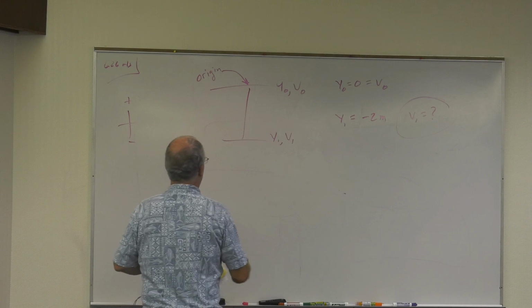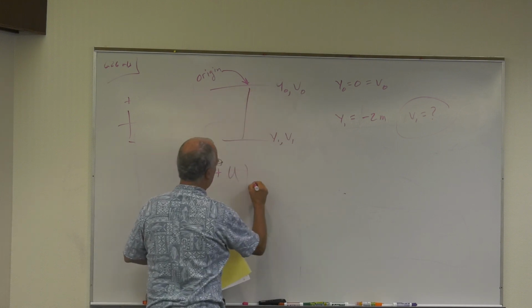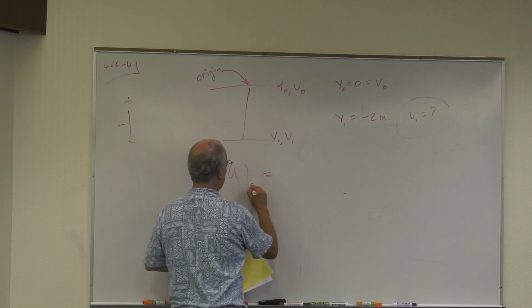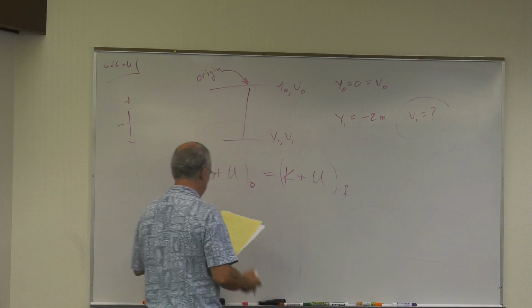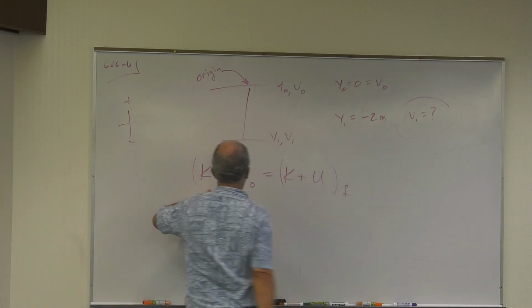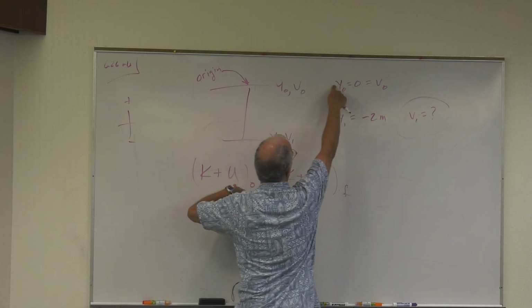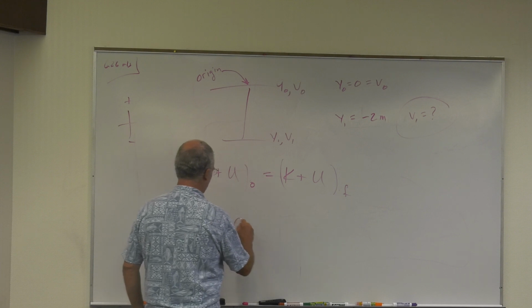All right, so same old. K plus U initial equals K plus U final. K initial is 0. U initial is 0, because y0 is 0. So we have 0 plus 0.